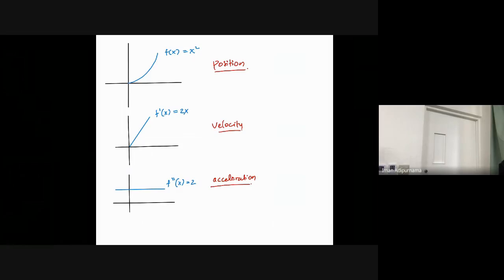So the meaning is, if someone moves in a function using a quadratic formula, he will move with some velocity, and the velocity will change according to this acceleration, the constant acceleration.